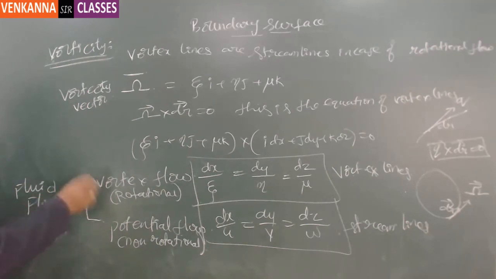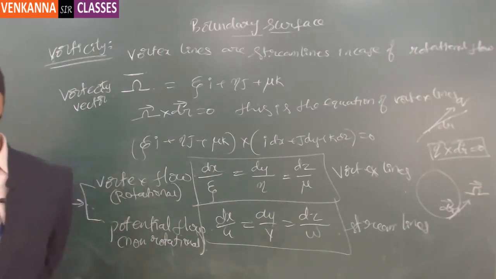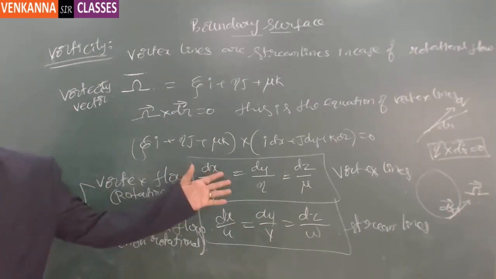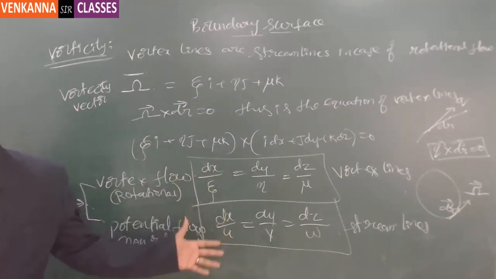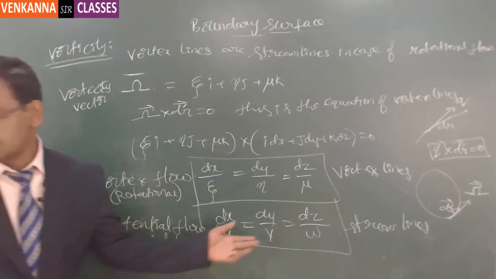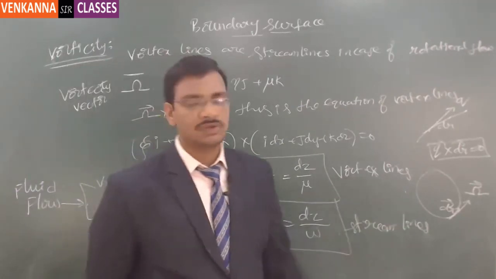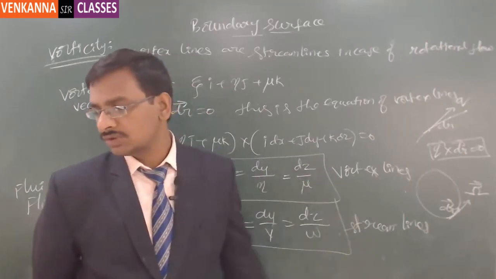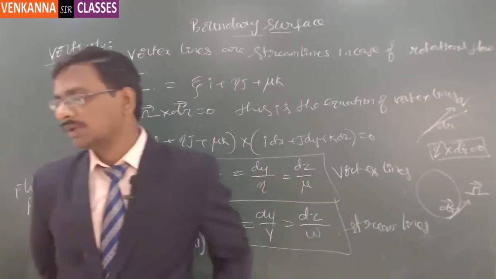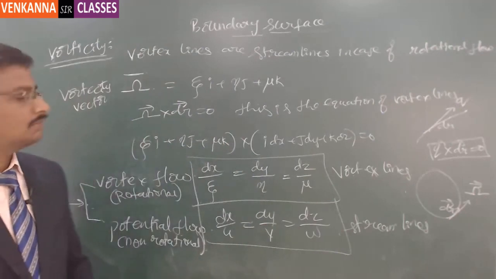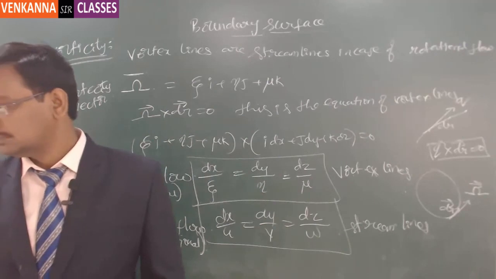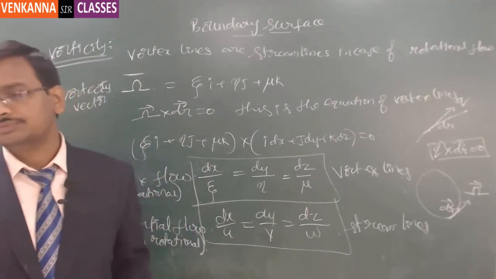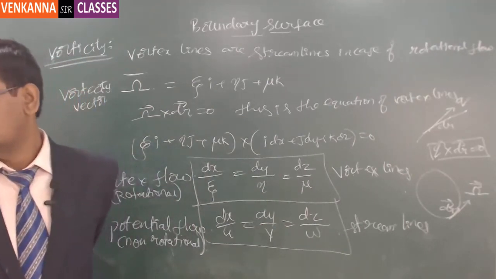Fluid flow is divided into two parts, vortex flow and non-vortex flow, and non-vortex flow is the potential flow. This is the direction of the flow in case of vortex flow, and this is the direction of the flow in case of potential flow, right? This is named as streamlines and this is named as vortex lines. These two we are going to deal with separately in upcoming classes. Clear? Any questions on this?